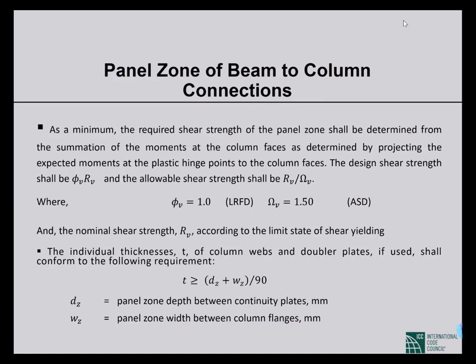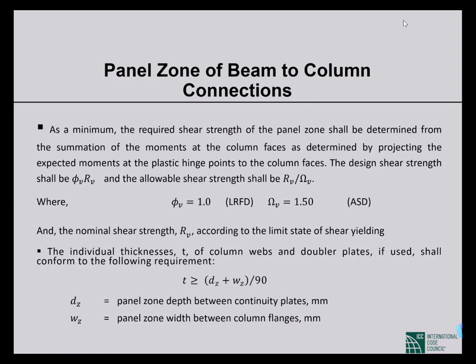So what is important here is that we have to take the moments while designing the panel zone. It is not sufficient to take the beam end moments that come from loading. No, we have to consider the total plastic moment capacity of the beam. That is, while designing the panel zone, we will apply the plastic moment capacity of the beam section as load on the panel zone.